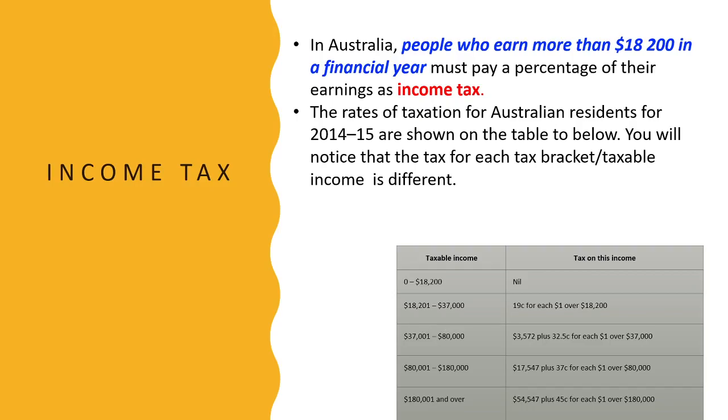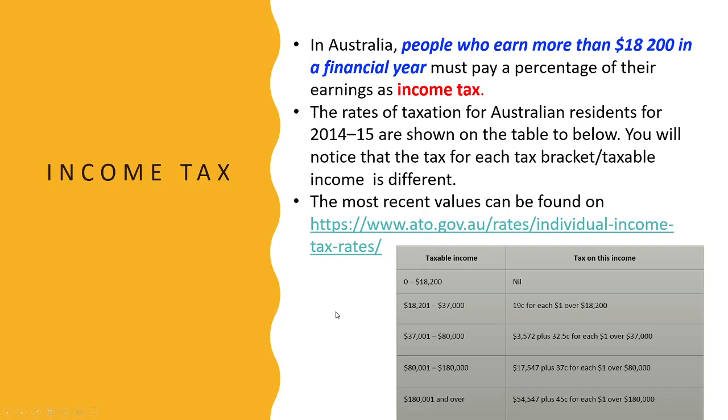But if you earned $37,001, you would then have to pay that last dollar at 32.5 cents, but the rest of it would be taxed at that 19 cents. For the most recent rates, you can find them at the Australian Tax Office website, which is listed here.